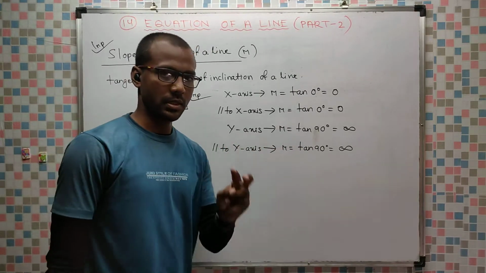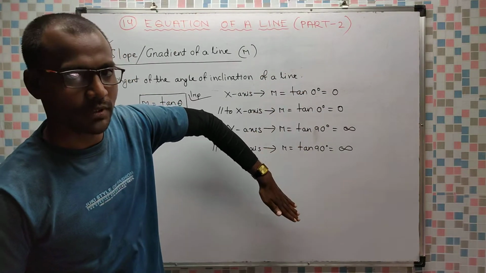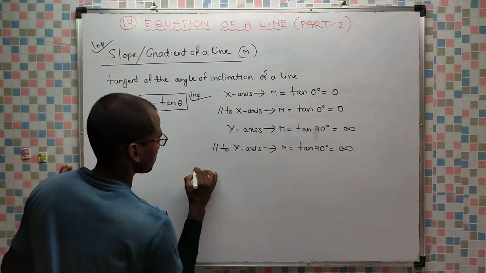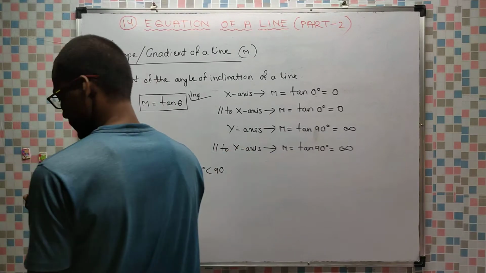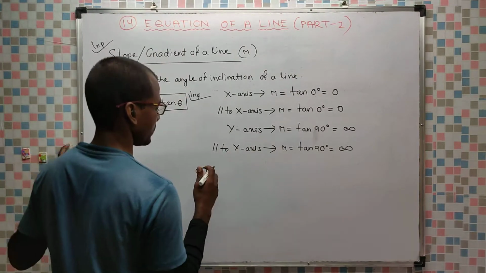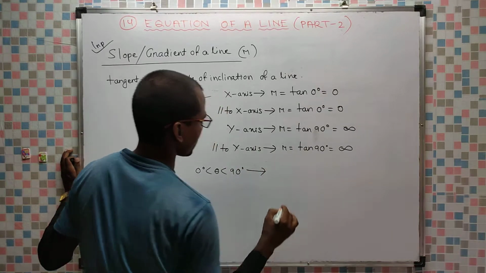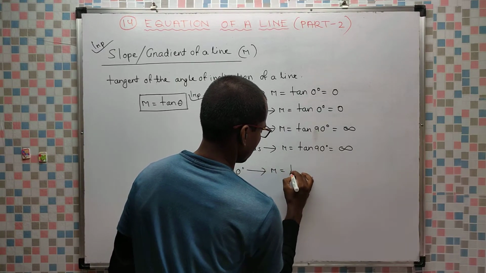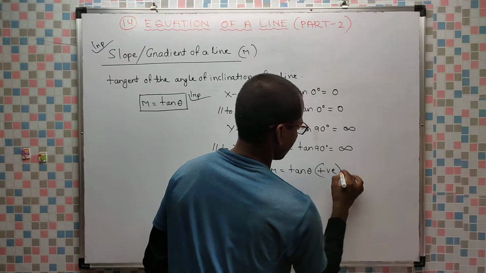Okay. Next, there are two other lines, one making acute angle, the other making obtuse angle with the x-axis. For such lines, means theta is in between 0 and 90, acute angle. Slope will be tan theta, which will be always positive.